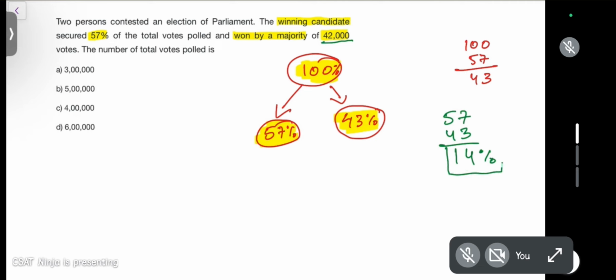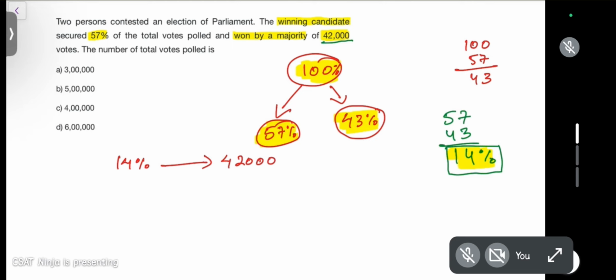The difference between their percentages is 14%, and the winning candidate got an extra 42,000 votes, which means this 14% extra is nothing but 42,000 votes. Are you guys following this? Because I need to make sure whether you are following this or not.